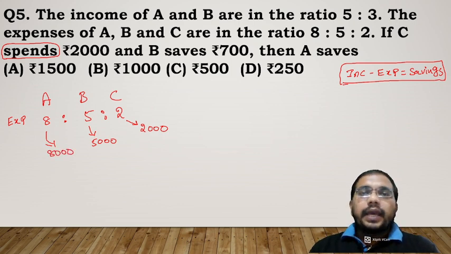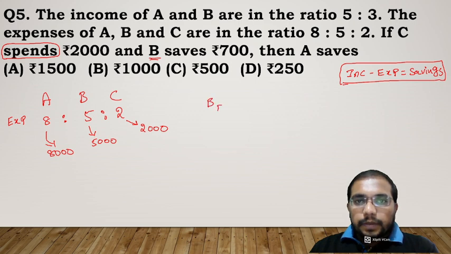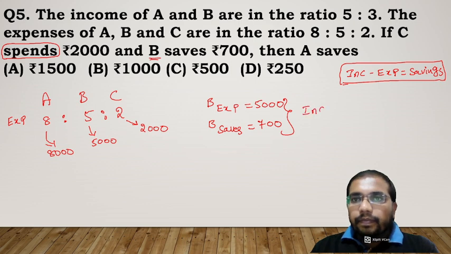That means A expenditure we know, B expenditure we know, C expenditure we know. And B savings also we know. B expenditure we know, that is 5000. B savings 700. That means income is 5700 rupees. Am I clear?